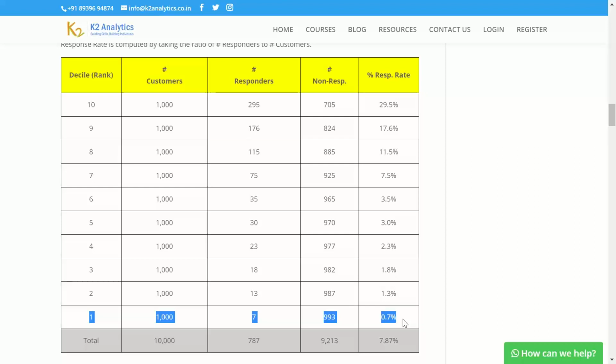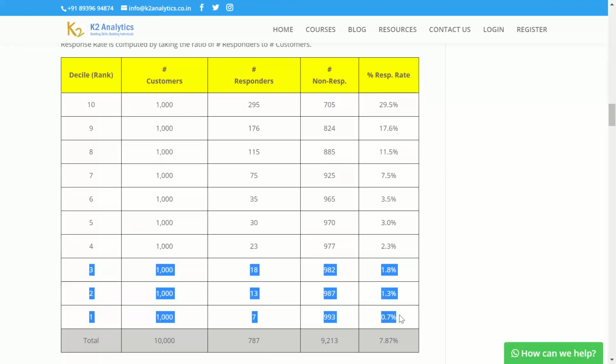That model has assigned probabilities. Customers who are more likely to respond, the model has assigned higher probability. Those higher probability customers are in the higher decile. And the customers who are less likely to respond, the model has given lower probabilities. Those lower probabilities are converted into decile numbers which are at the bottom.